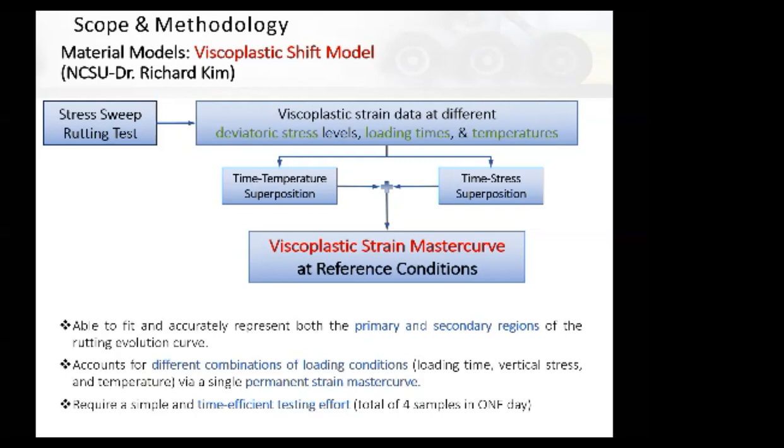So never mind what your temperature is, never mind what your loading time is, never mind what the stress is. If you have the viscoplastic model, you can use the shift factors to predict the viscoplastic strains using the master curve that you have by shifting the loading conditions to the reference conditions.